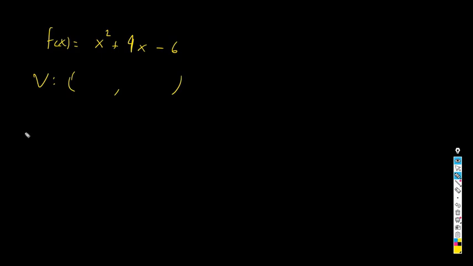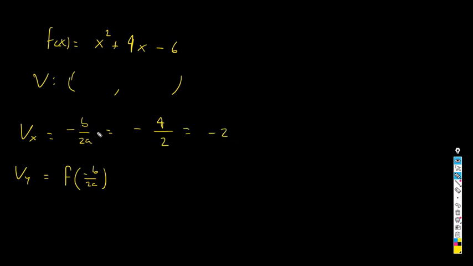The x coordinate, let's call it vx, the x coordinate of the vertex, is going to be equal to minus b over 2a, and the y coordinate of my vertex will be this function evaluated in such x coordinate. So let's do it. How much is b? It's 4. So I'm going to get minus 4. How much is a? It's 1. So 2 times 1 is going to be 2. And this is minus 2.